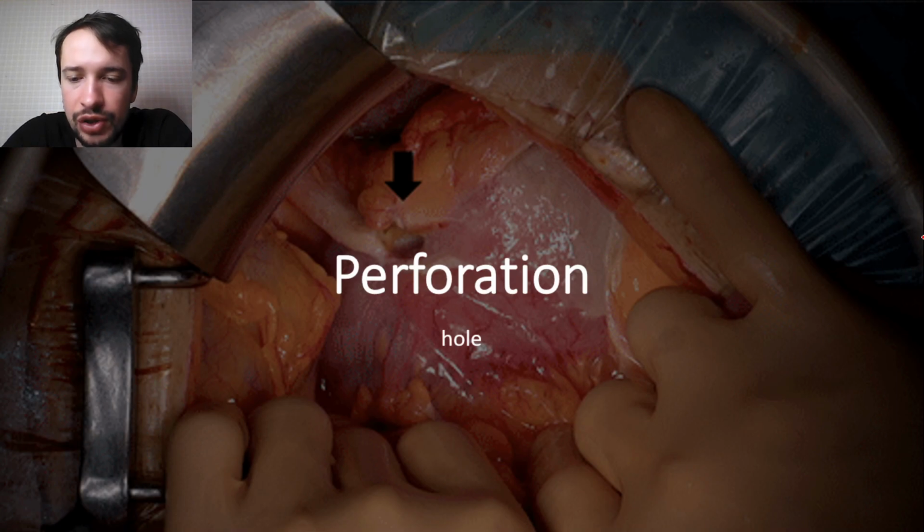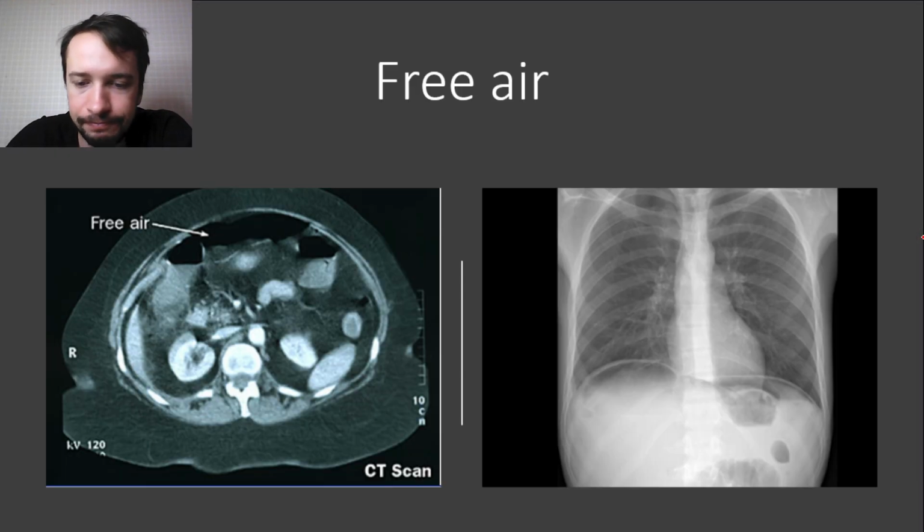Contained perforation occurs when the ulcer produces a full thickness hole in the duodenum or stomach, but the omentum or other adjacent organs prevent peritoneal contamination. The most common finding is free air in the abdomen, and you remember it, we always talk about this when we talk about X-ray.